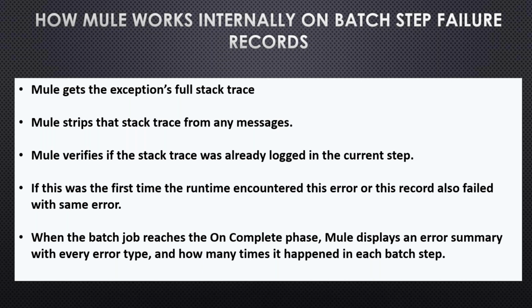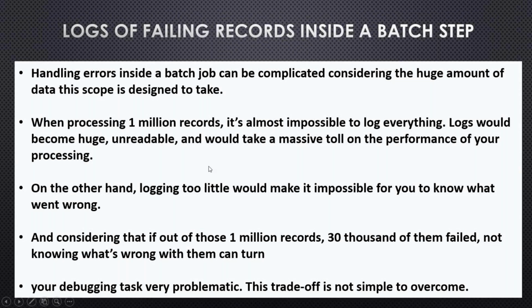That way, Mule avoids printing duplicate stack traces in the console, because if Mule were to print all the logs for each and every stack trace in the console, that would become massive, and also take a massive toll on the performance of our processing.